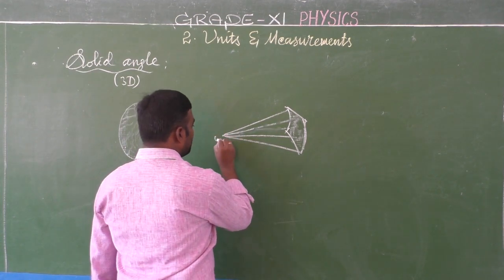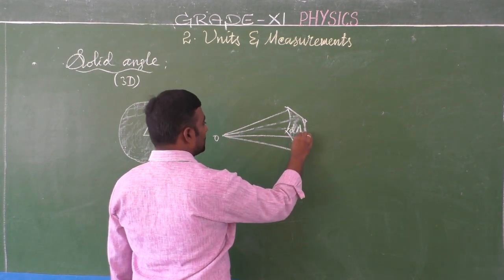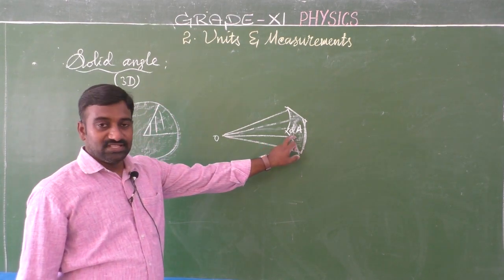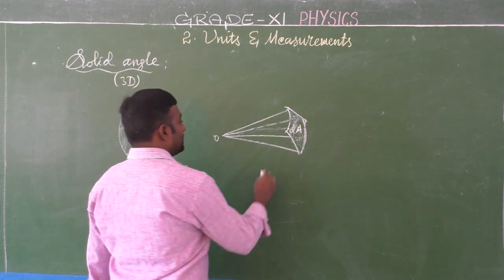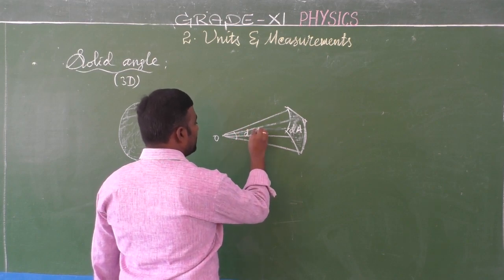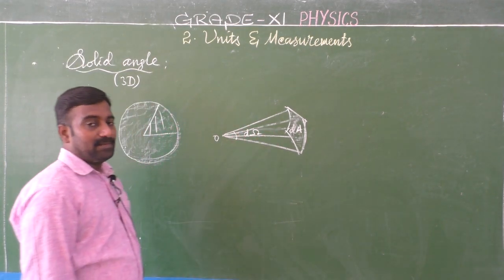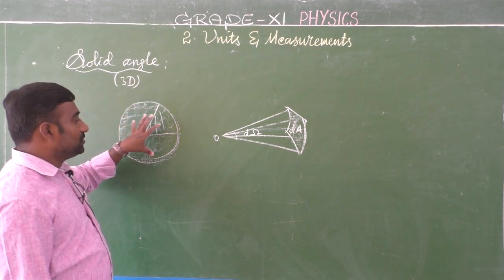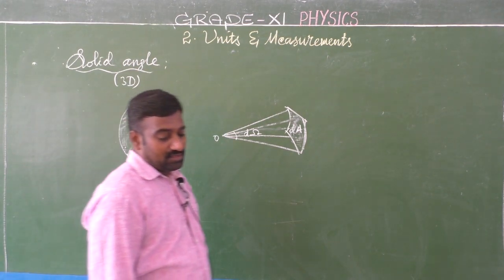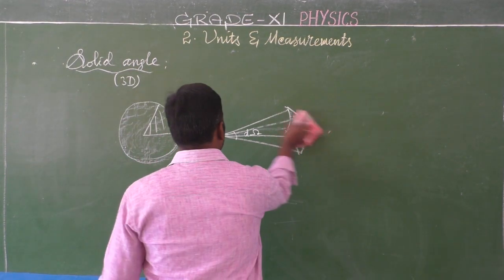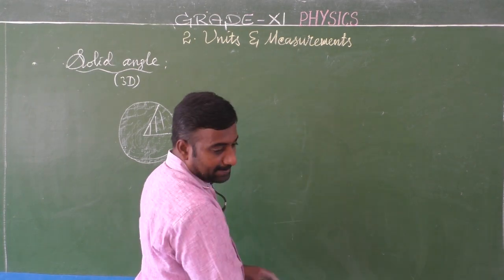In this three-dimensional shape, this is an area, and this is a curved surface area. Here it has an angle. What is this angle? d omega is the solid angle. So plane angle is for 2D, solid angle for 3D. To draw the diagram is very simple. I repeat once again, listen carefully.